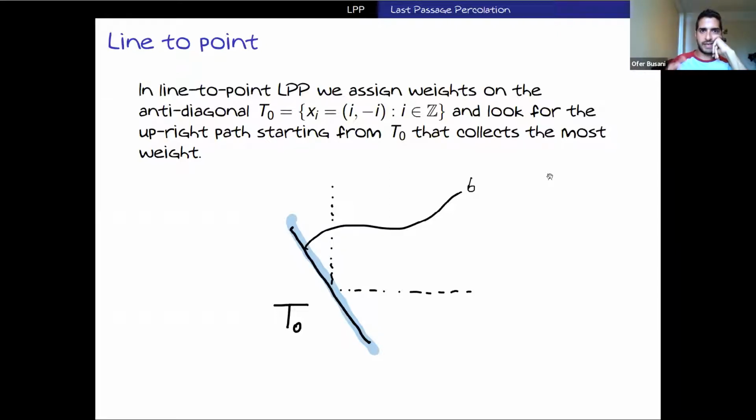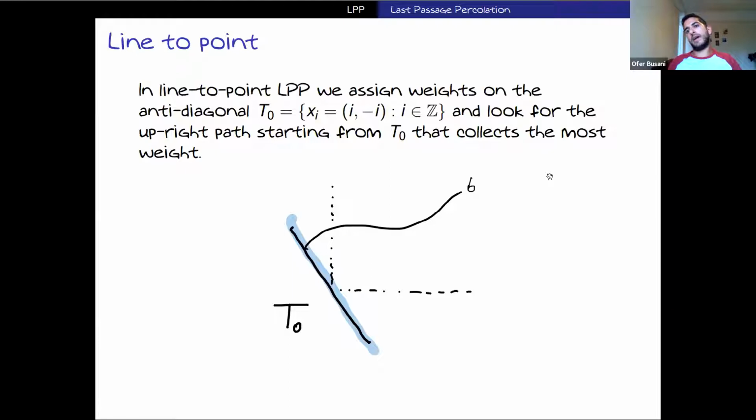in this last passage percolation family is the line-to-point model. This is where you're looking at the anti-diagonal crossing through the origin. Let's call it T0. We assign weights on this anti-diagonal.